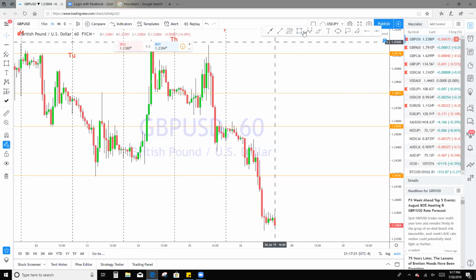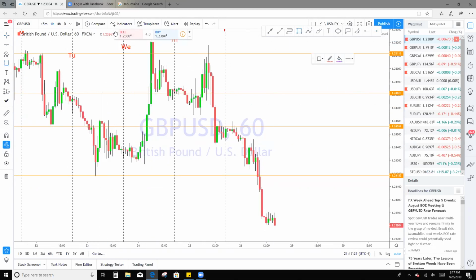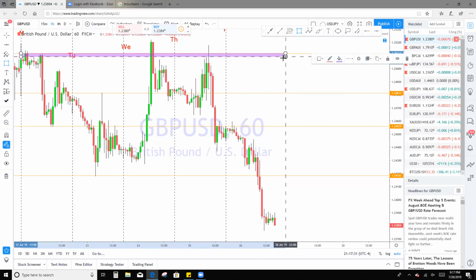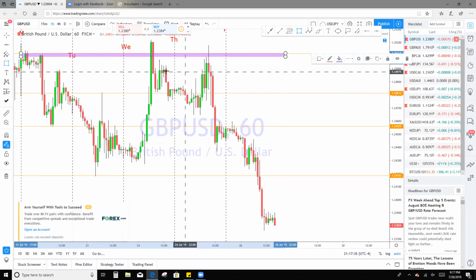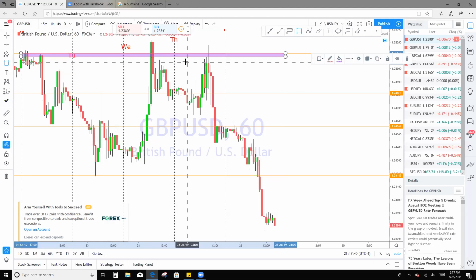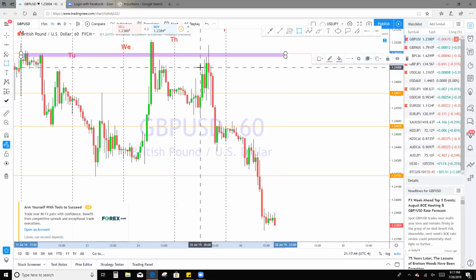Look at this. This is amazing. Look how the high of Monday acted as a major resistance. Oh my God, Jeff, you just said some wild stuff. Look how everybody could have caught the GU drop that happened this week, just by simply doing that little small detail right there.